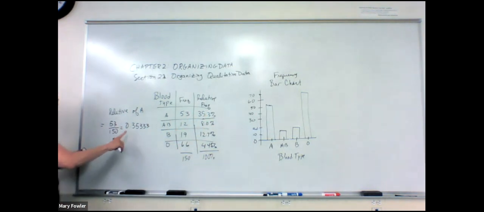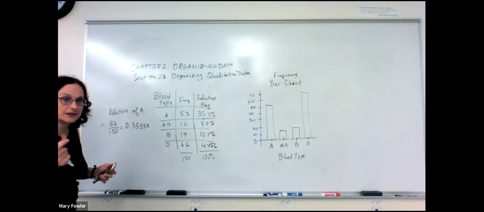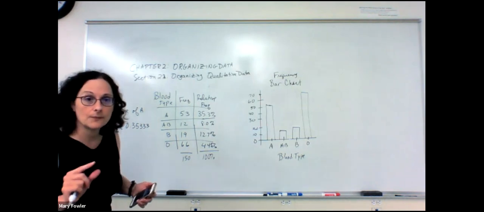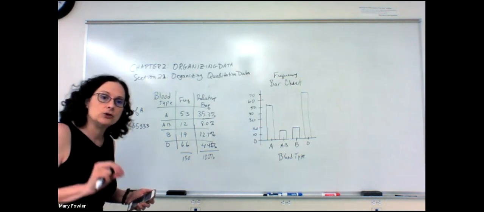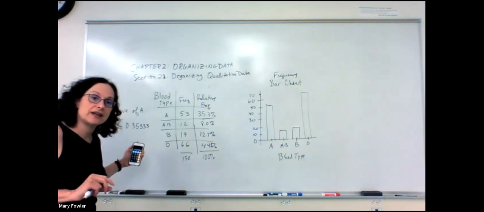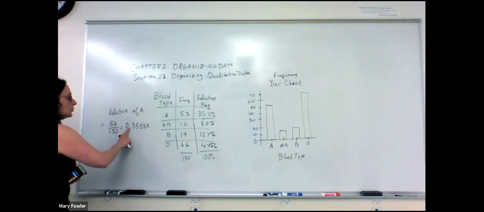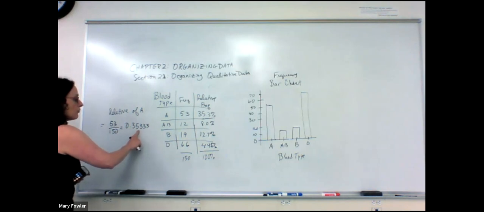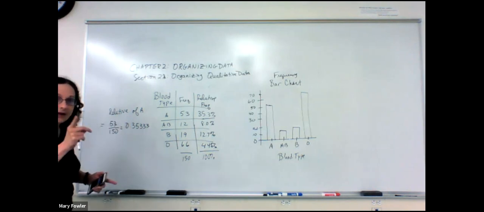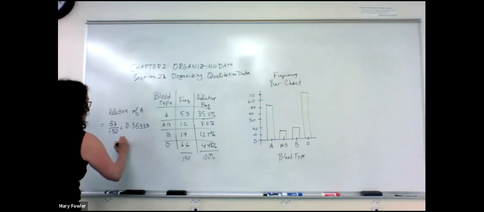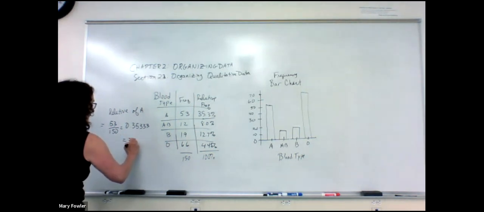Okay, I want to translate or transform that to a percent. When you take a number from decimal to percent, you move the decimal point over 2 places to the right and add a percent sign. So this is equal to 35.33%.